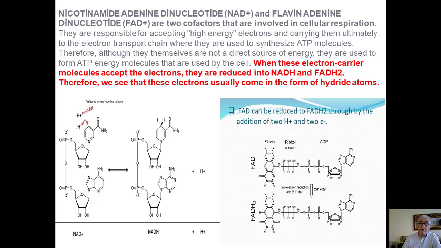Electrons of NADH and FADH2 must be moved to oxygen step by step, and we call this the electron transport chain in the mitochondrial inner membrane. After those reactions, we synthesize ATP, and ATP synthase is responsible for synthesizing ATP from ADP.